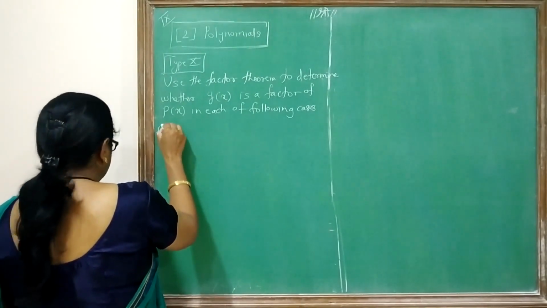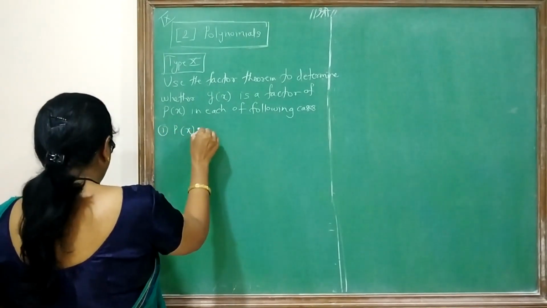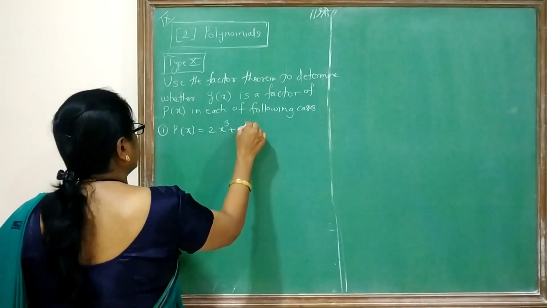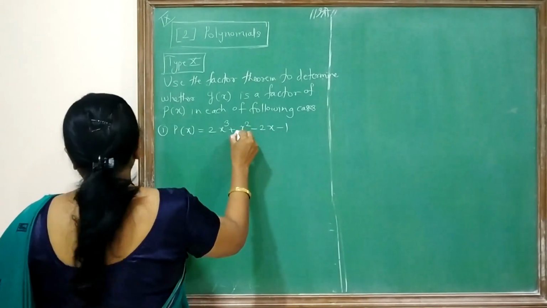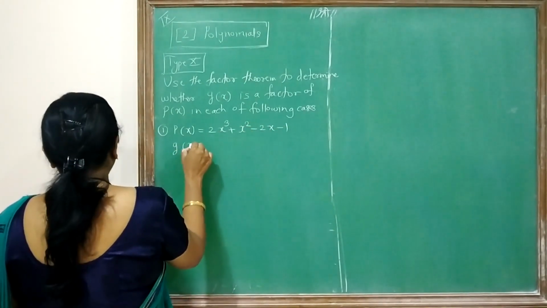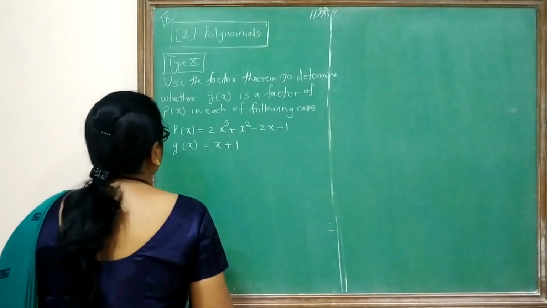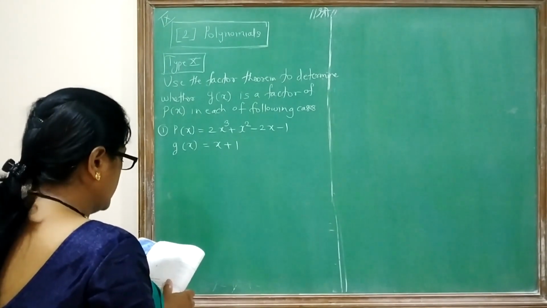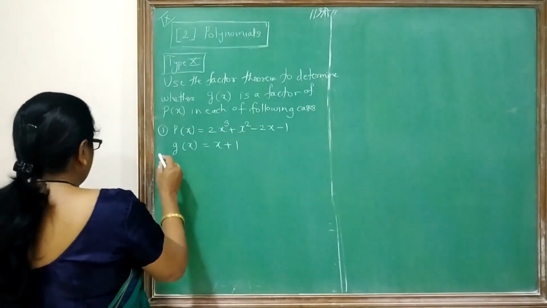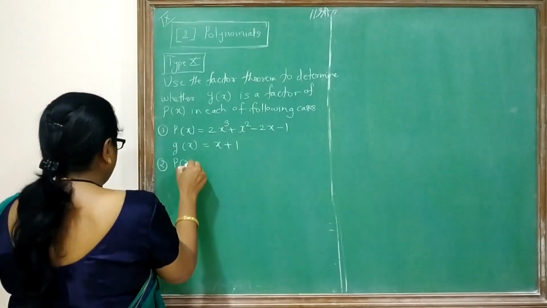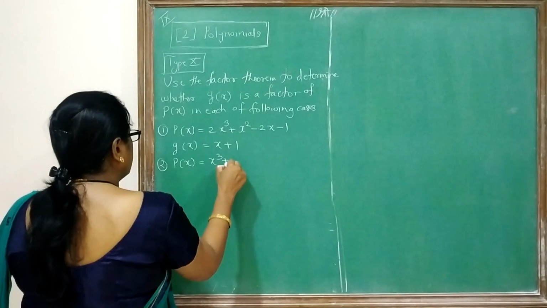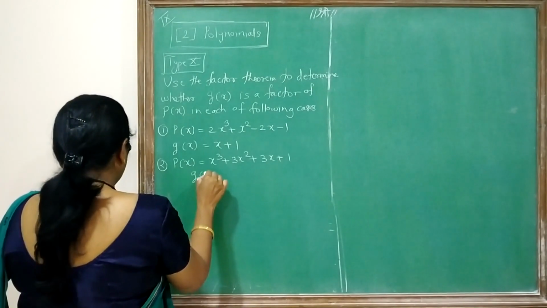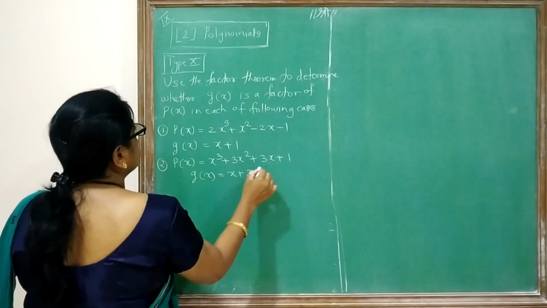Then first example is p of x equal to 2x cube plus x square minus 2x minus 1, and here g of x equal to x plus 1. Your second example is p of x equal to x cube plus 3x square plus 3x plus 1, and your g of x equal to x plus 2.